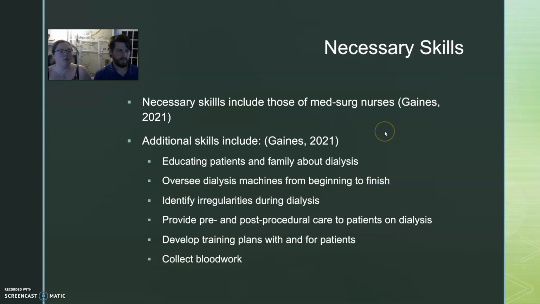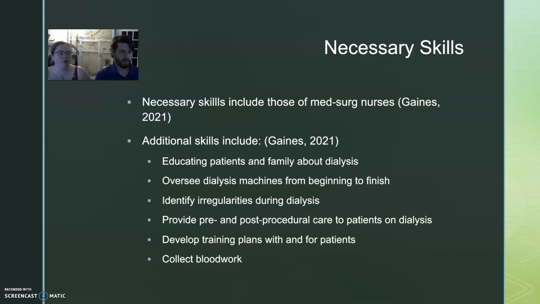The necessary skills also overlap with the activities, because necessary skills include those of med-surg nurses, which includes putting in IVs, administering medications, checking the insertion points with the dialysis machines, both peritoneal and hemo, and dressing the sites after and taking care of the patient before and after.